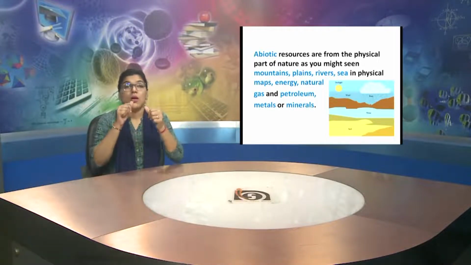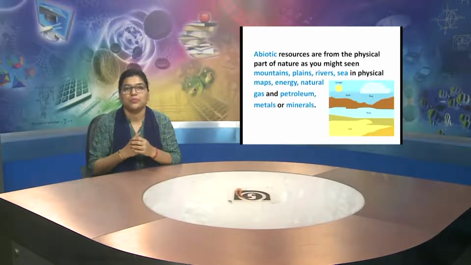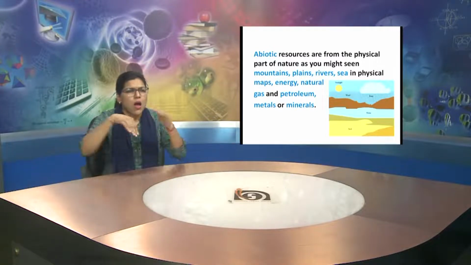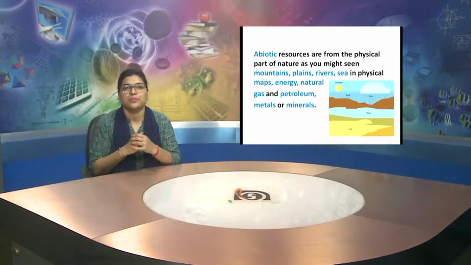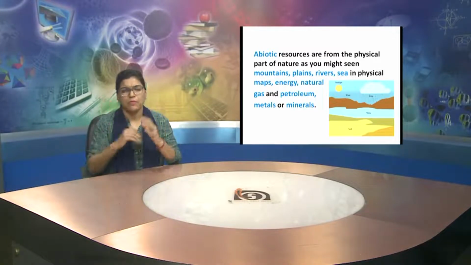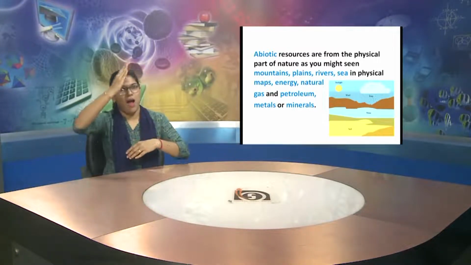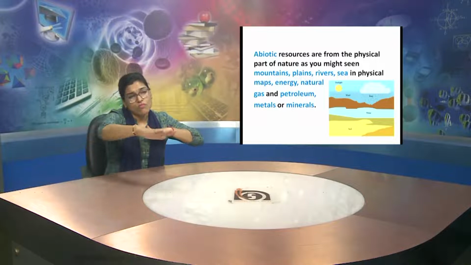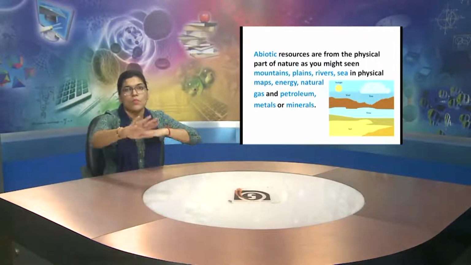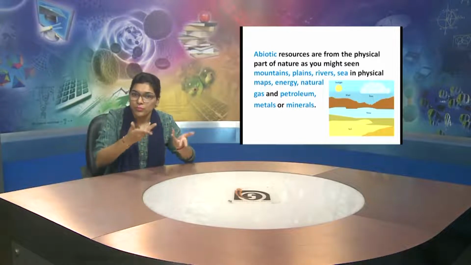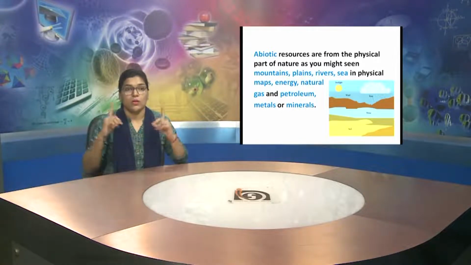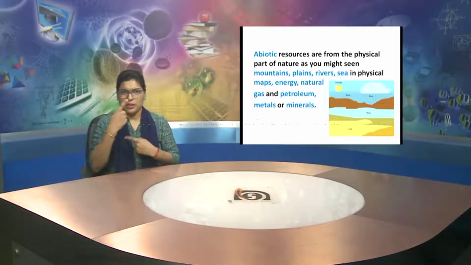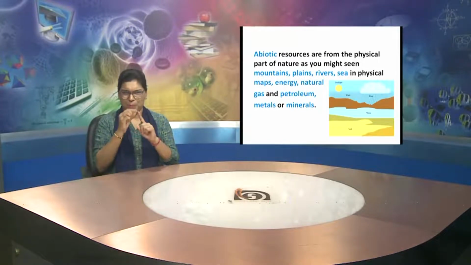Just as we understood the two main categories, abiotic and biotic resources, let us now understand a little more about the abiotic resources. These abiotic resources, as you all know, are in the environment and are the physical part of nature. As you might have seen in some natural places like this, in the image you can see on the screen all these abiotic resources.